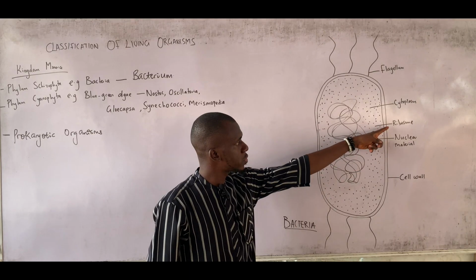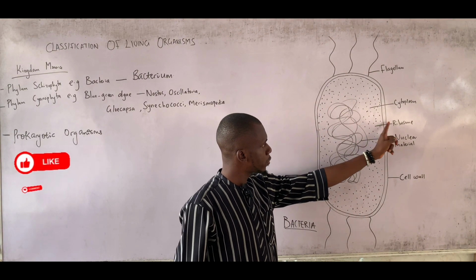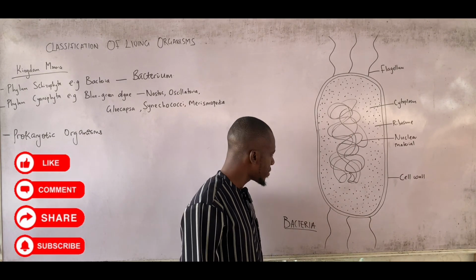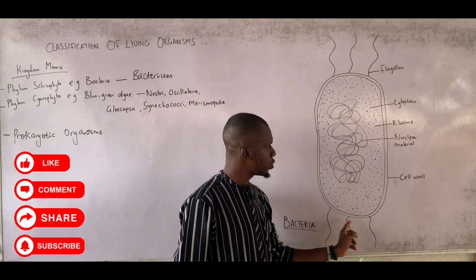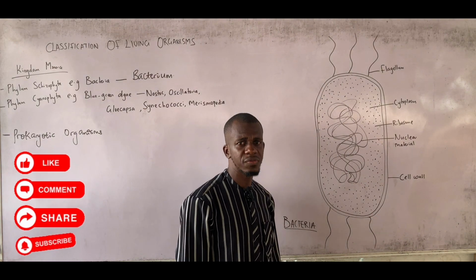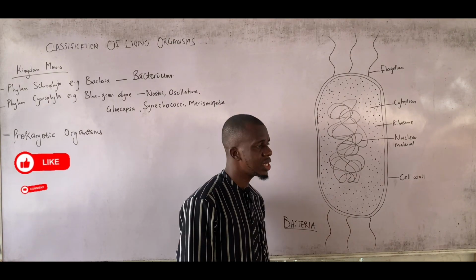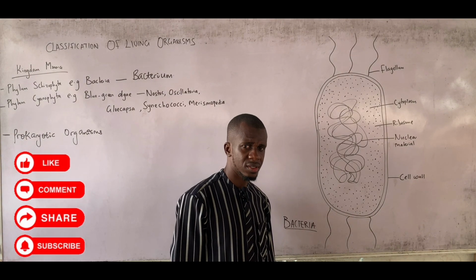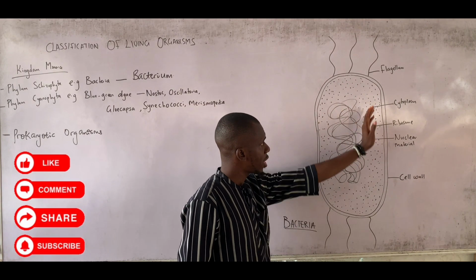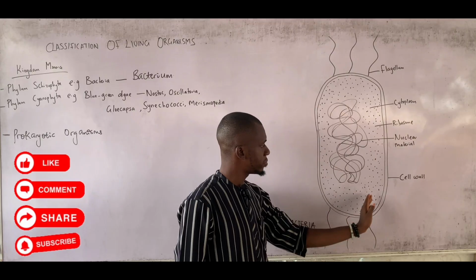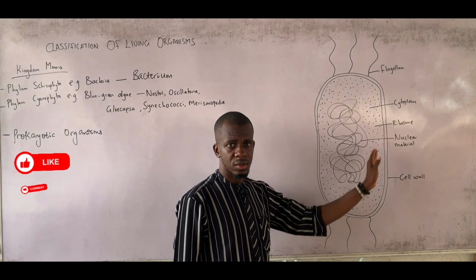Present in their cytoplasm includes the ribosome and the nuclear material. You see that now? And then they have an outer protective covering, which is the cell wall, just like we have in plants. Does this mean that the bacteria can behave as a plant? Yes, it can. We're coming there. Now, this is the cytoplasm, which you could call the liquid portion of the cell.